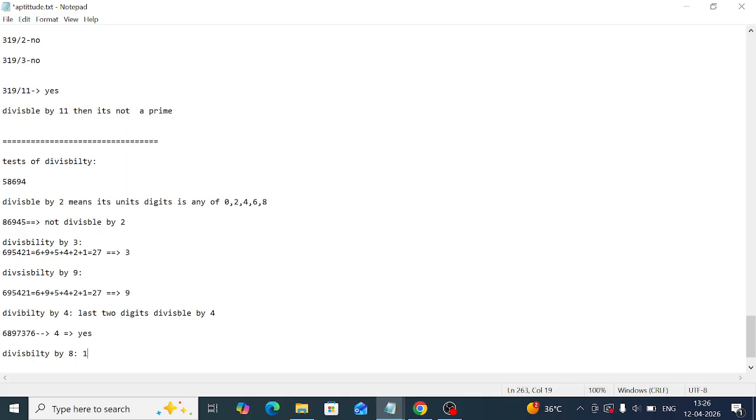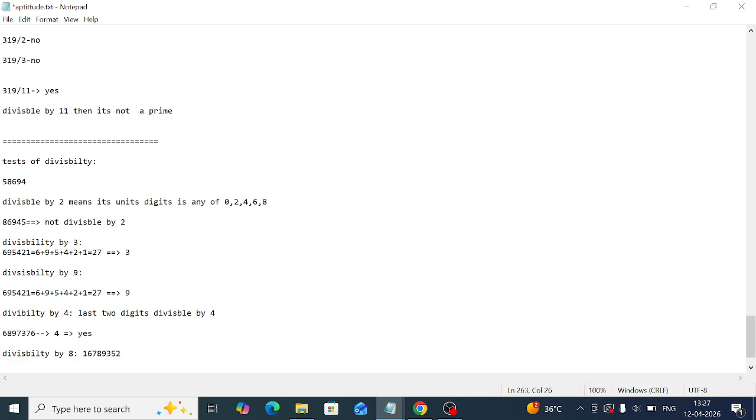See, 1 6 7 8 9 3 5 2. The last three digits it is taking are 352. It is checking whether 352 is divisible by 8 or not. 8 fours 32, again 3 is there, 8 fours 32.